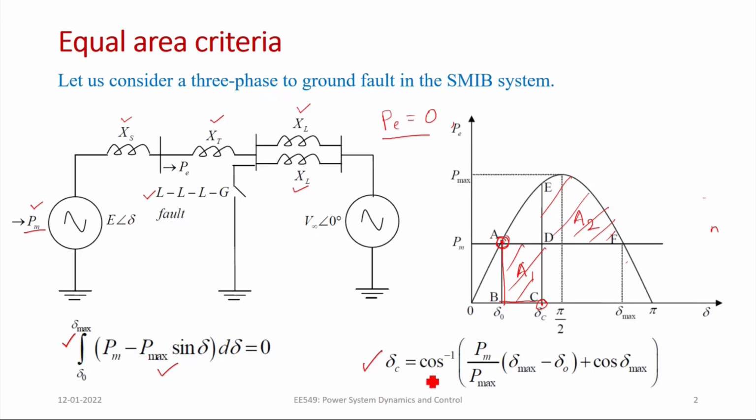So delta C will be cos inverse of [Pm by Pmax (delta max minus delta 0) plus cos of delta max]. This will be your critical clearing angle.